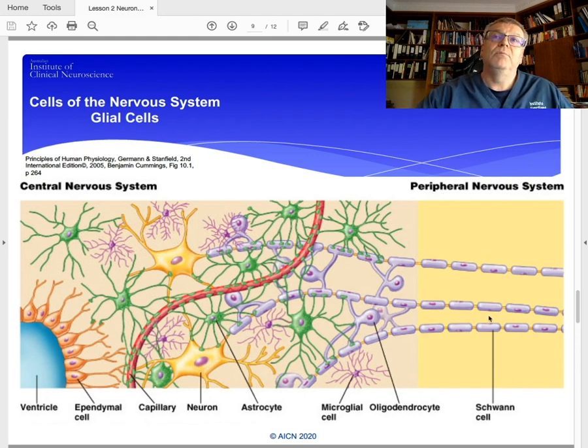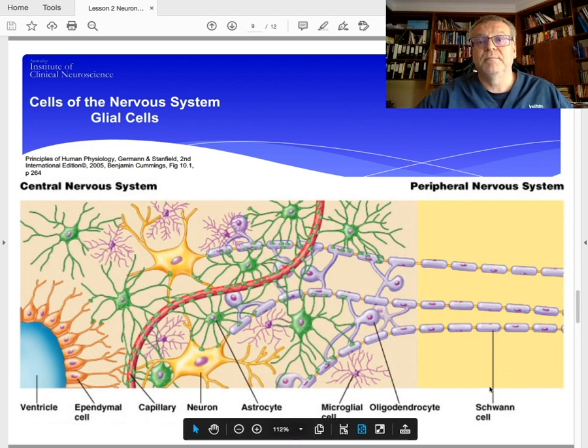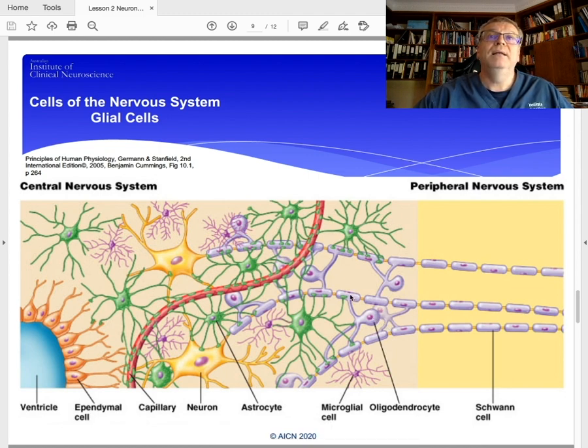Some peripheral neurons have myelin, and the ones that are myelinated are myelinated by a specialized type of cell called the Schwann cell. In the central nervous system, you'll see that the myelin is produced by a different type of cell called an oligodendrocyte.